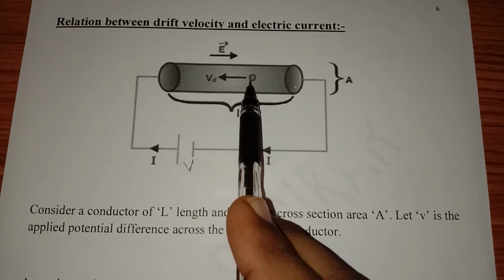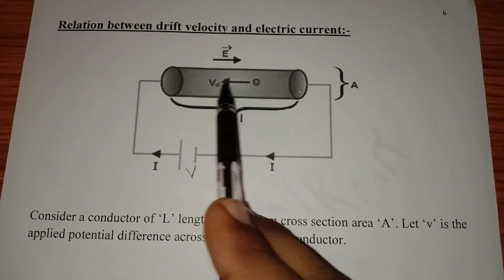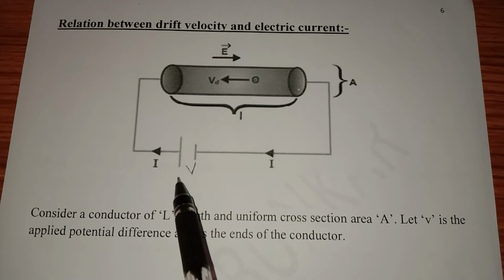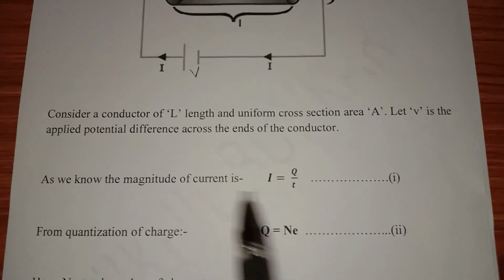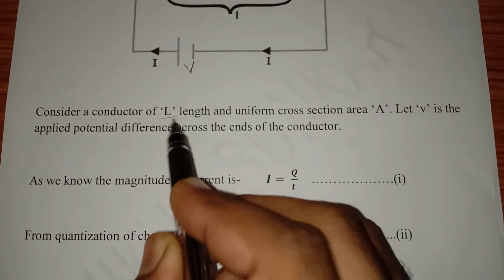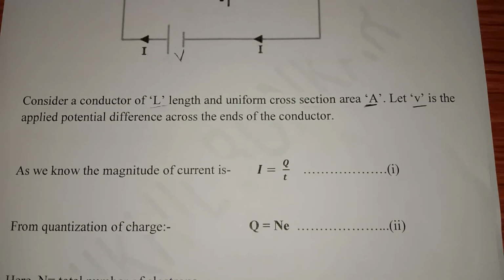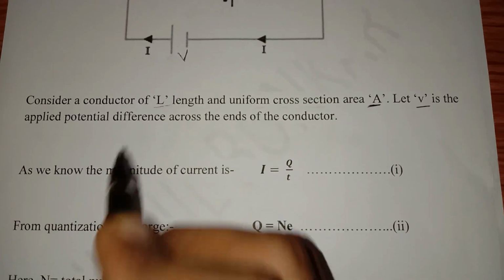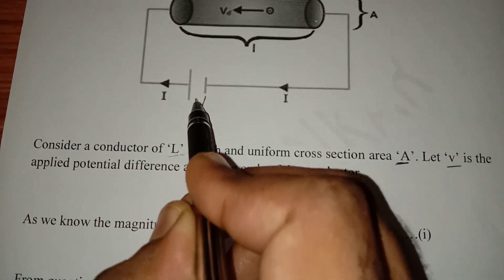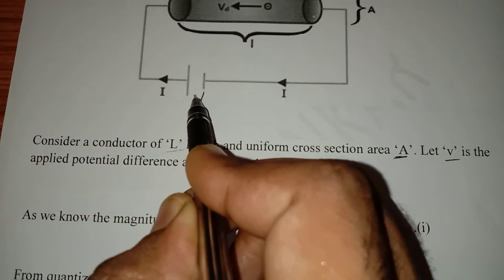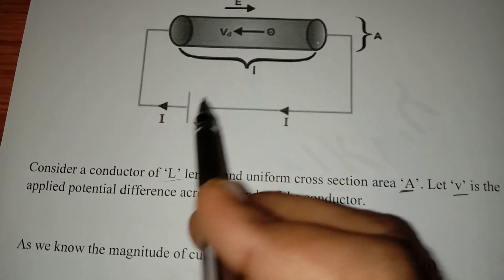Vd is the drift velocity of the electrons, and the drifting is towards the positive terminal of the battery. Let us consider a conductor of length L whose cross-section area is A. Let V be the applied potential difference across the ends of the conductor.